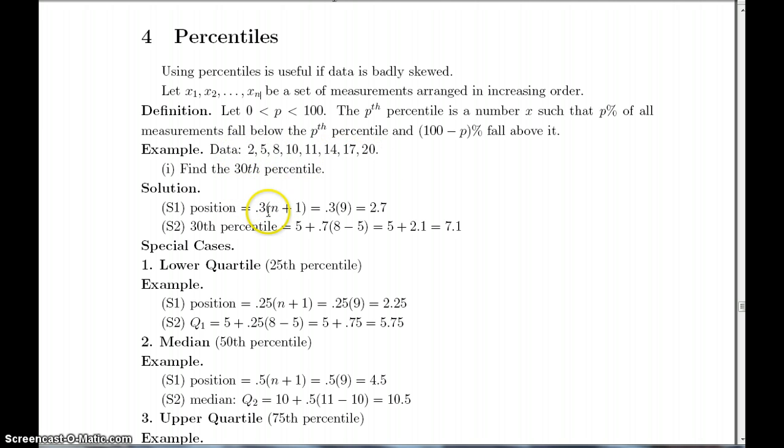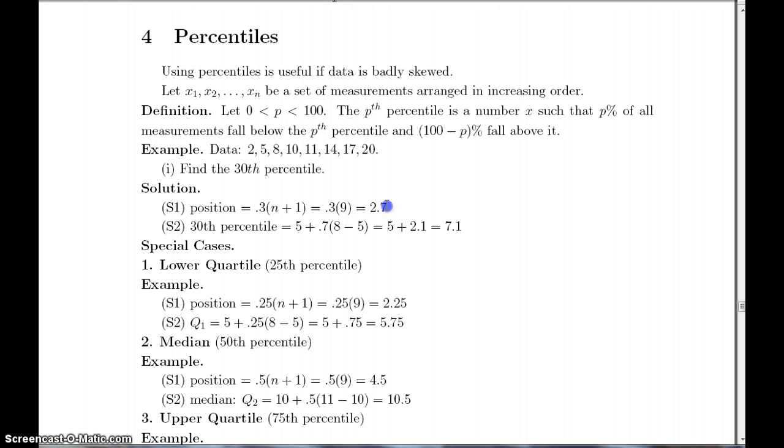Because I'm using the 30th percentile, I use 0.3 and multiply that by n plus 1. n is the number of measurements, so if I count here, 1, 2, 3, 4, 5, 6, 7, 8. So 8 plus 1 is 9. So I have 0.3 times 9, and that's equal to 2.7.